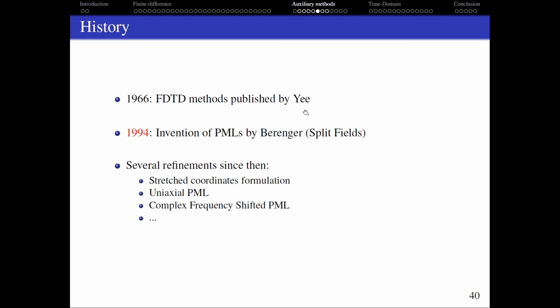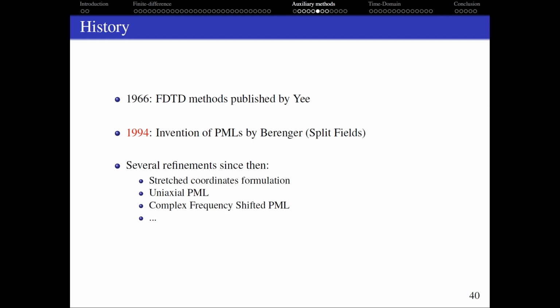There have been tries before 1994 by people to define absorbing boundary conditions for the boundaries of the window. So we have the mirror boundary condition. We had a lot of different things that kind of worked.